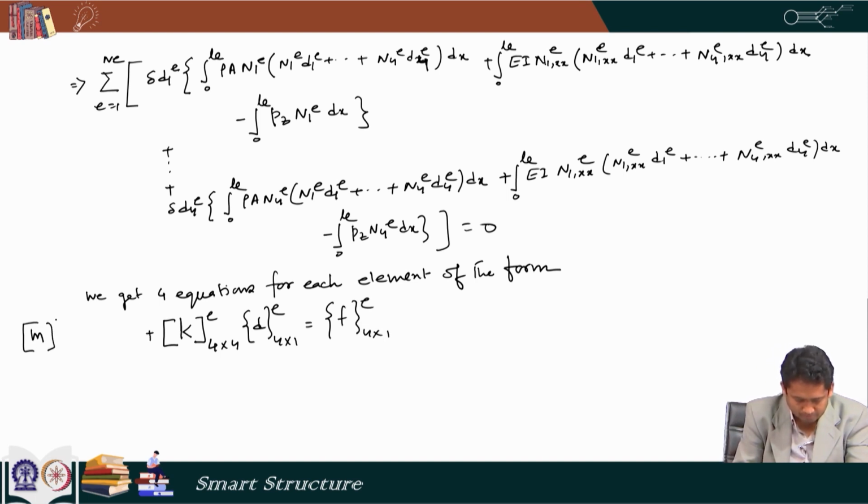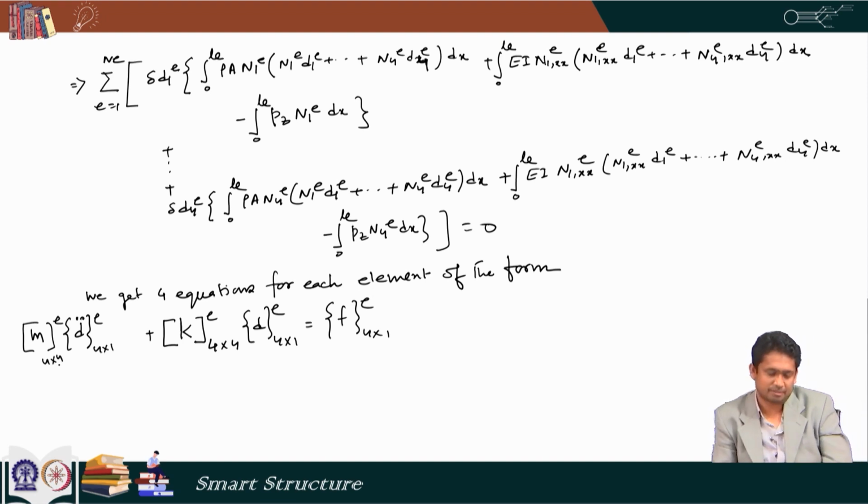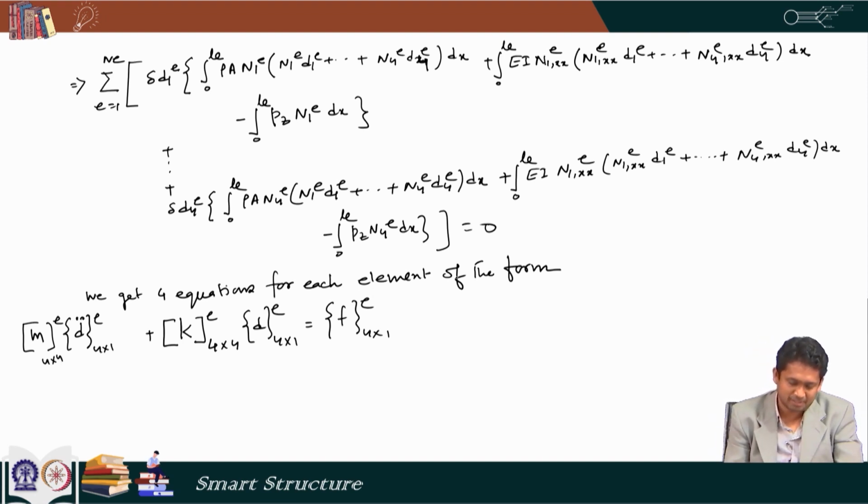So, we will get M multiplied by d double dot E. So, this is 4 by 1, this is 4 by 4. Each element gives me a set of coupled ordinary differential equations of size 4.